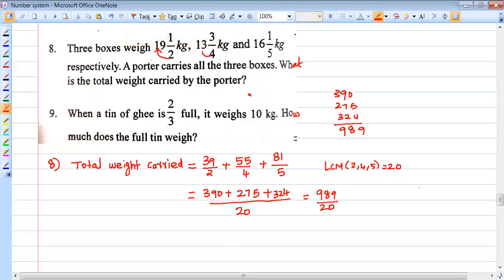Correct. So how many of you sent the right answer? Who sent 989 by 20? Yes, Monica, Sri sent the right answer.